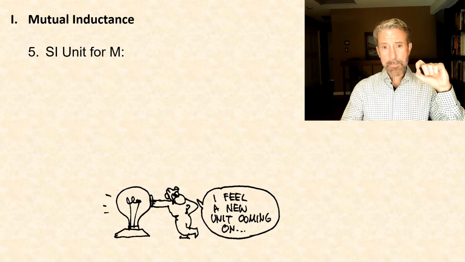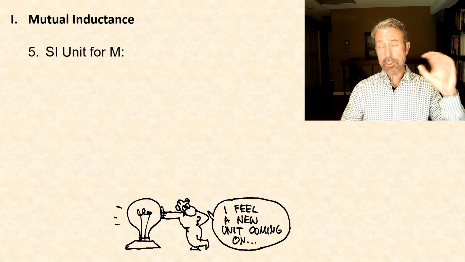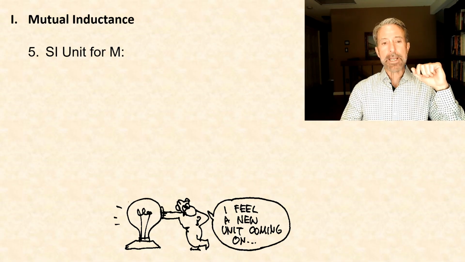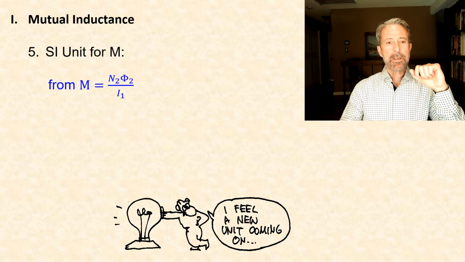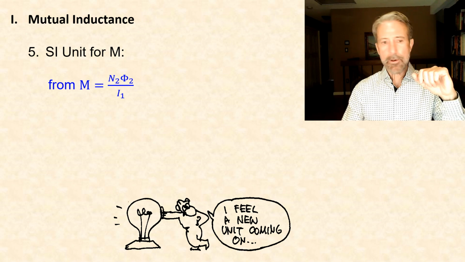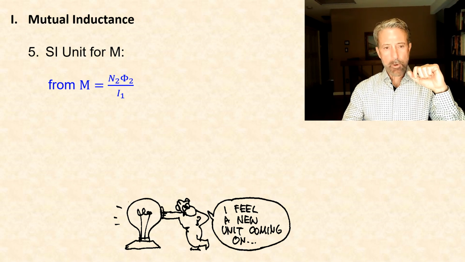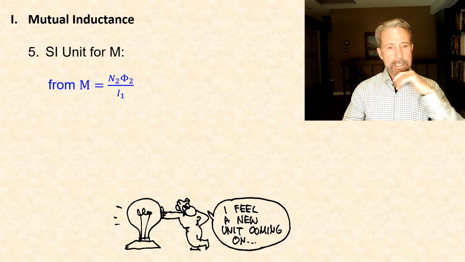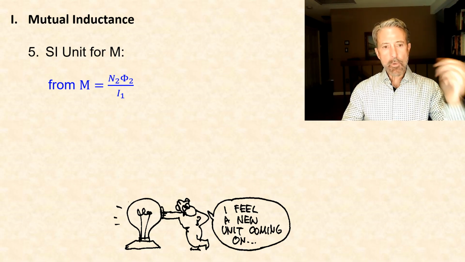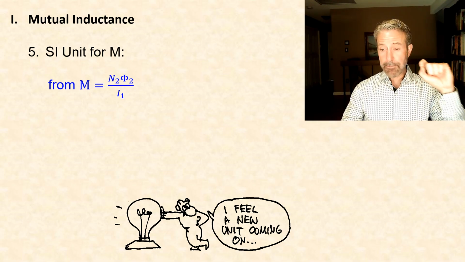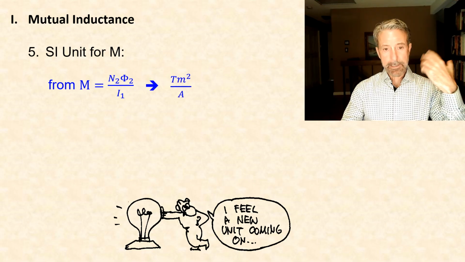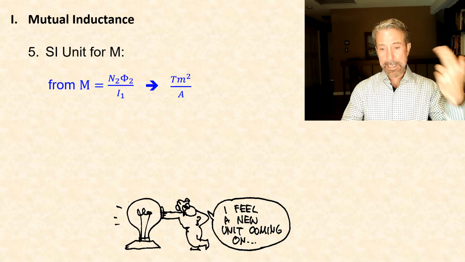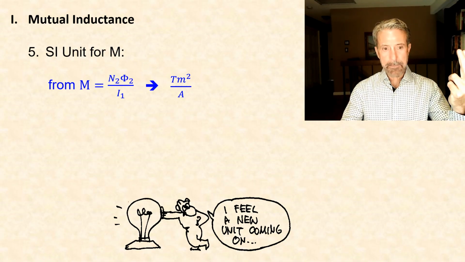As you might expect, with our definition of this new physical quantity we call mutual inductance comes a new unit. We start with our definition of M, the proportionality constant between the flux through one coil and the current in the other coil. Magnetic flux is measured in tesla meters squared, a measure of magnetic field strength times area.